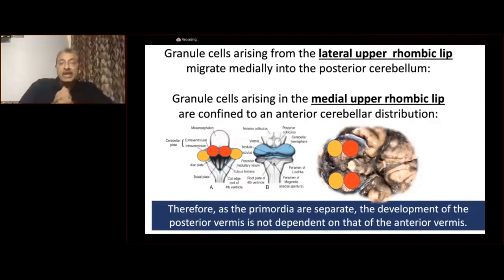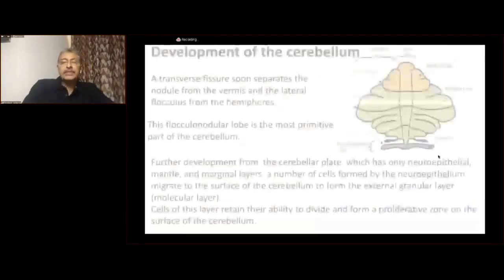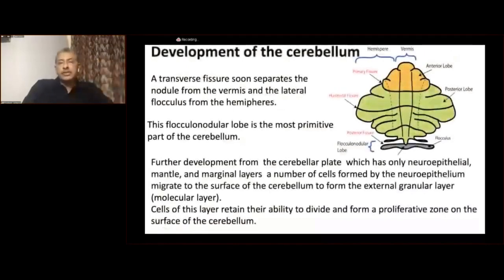And as the primordia are separate, there is a possibility of different kinds of involvement of different regions of the vermis, and that's the reason you will find quite a lot of things being developed. A transverse fissure soon separates the nodule of the vermis and the lateral flocculus from the hemisphere, and this flocculonodular lobe, this gray line, is the most primitive part.